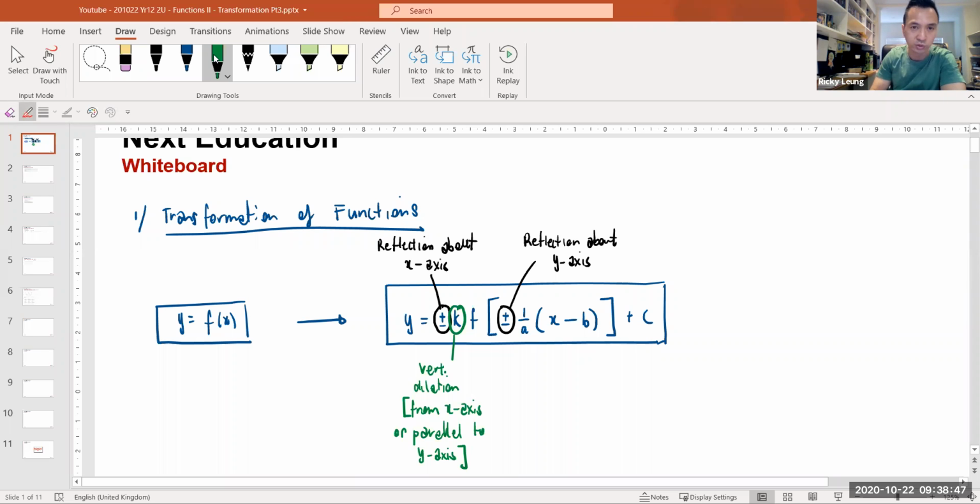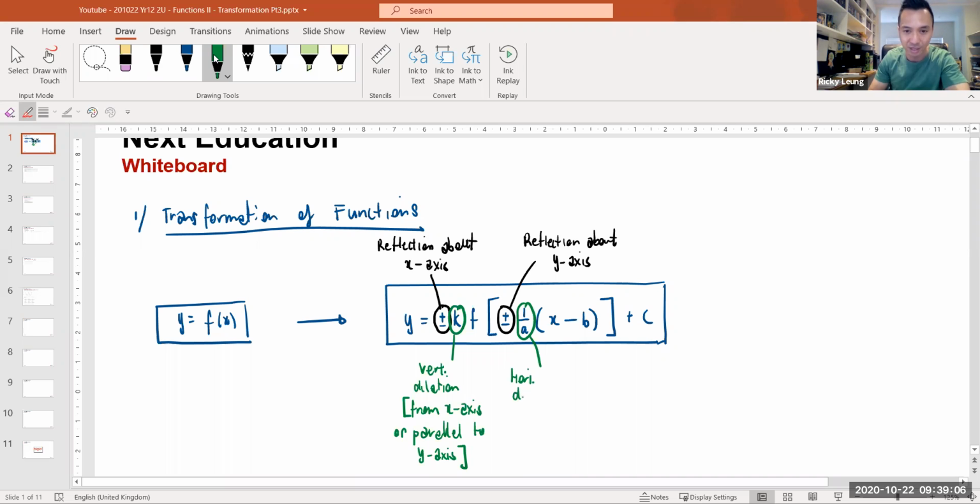These two, from x-axis or parallel to y-axis, aren't really described in that much detail in the New South Wales syllabus so far, but it's certainly used in some of the questions I've seen from the Victorian syllabus. So this one here, once again, horizontal dilation.